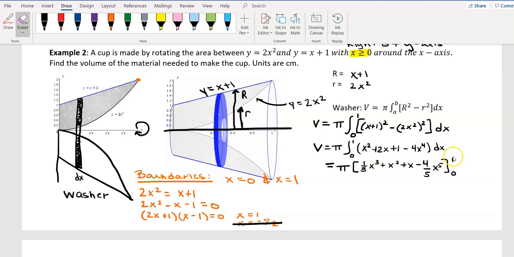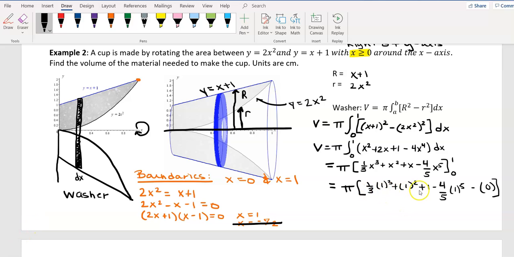And at this point, we need to take this and evaluate it at 1 and then subtract the evaluation at 0. So we need to plug a 1 in for all of those x values and then do the same for 0.